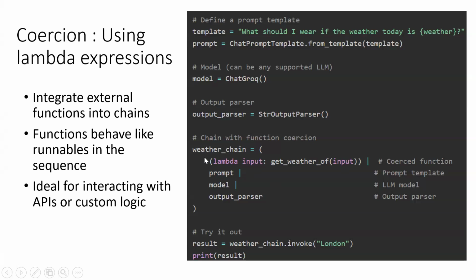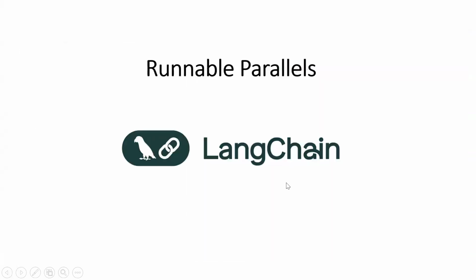By using this syntax, we can do our custom function call within the chain itself. This expression makes it compatible with the LangChain Expression Language. Integrate external functions into the chains. Functions behave like runnables in the sequence, ideal for interacting with APIs or custom logic. Is it clear?